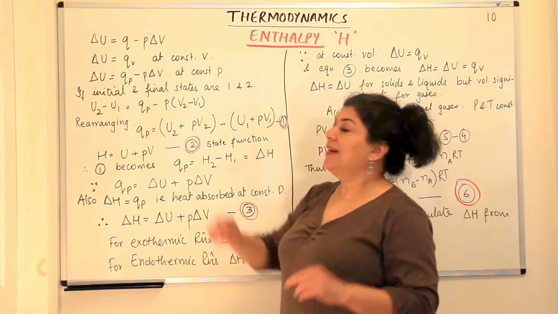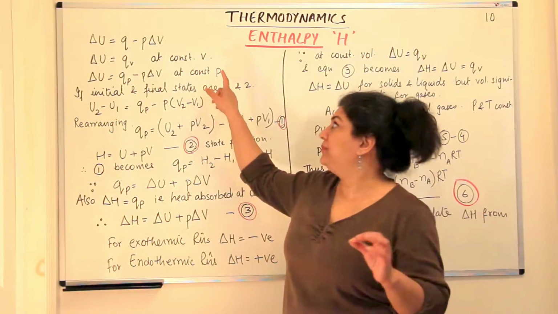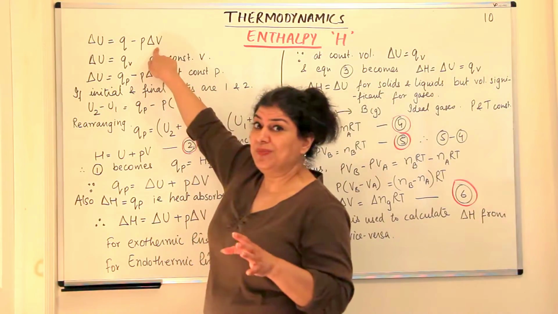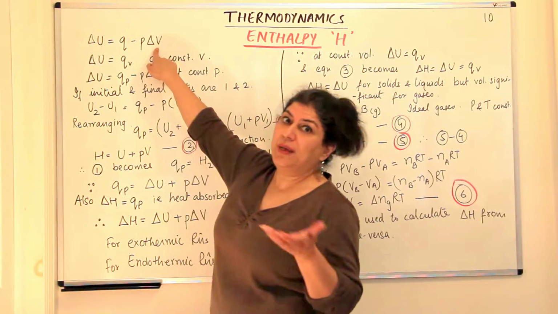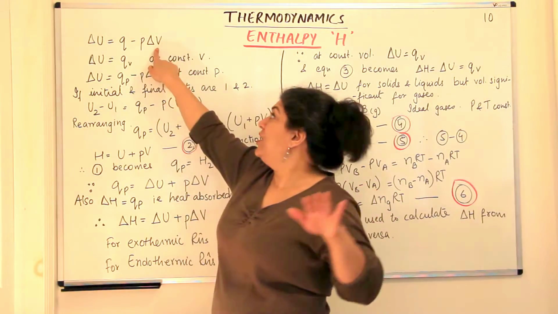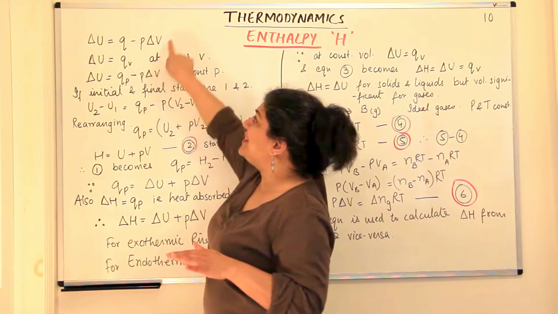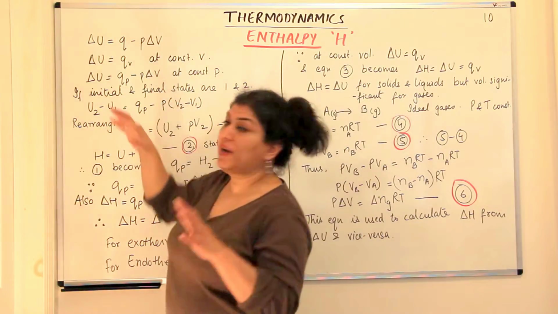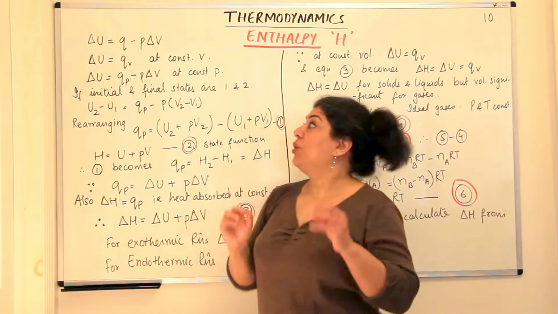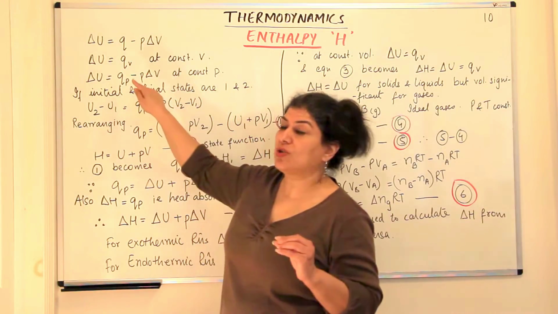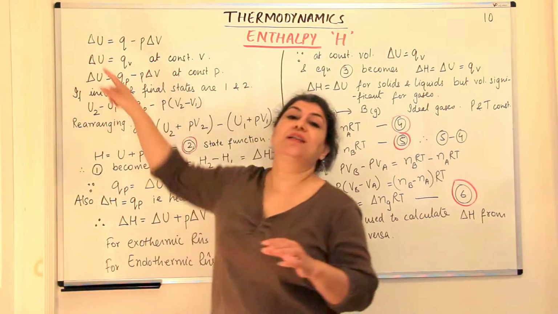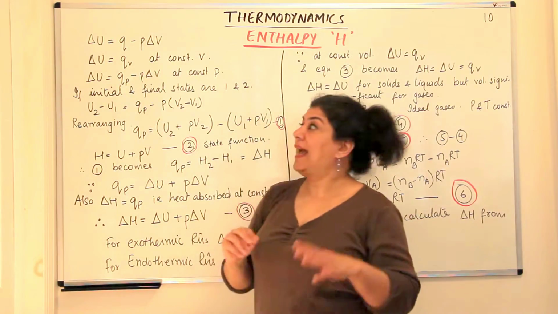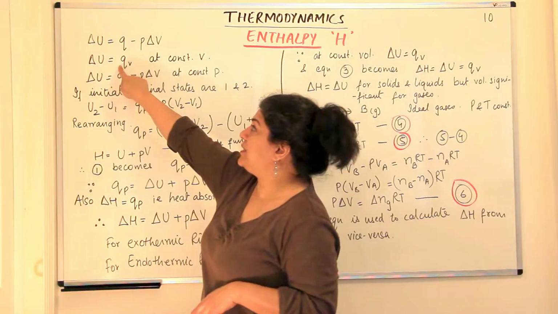Also, we had studied that if volume is constant, delta V becomes zero. That is, change in volume becomes zero because volume is constant. So if delta V is zero, P delta V becomes zero. Which means for a change where the volume is constant, the change in internal energy becomes equal to only the amount of heat exchanged.